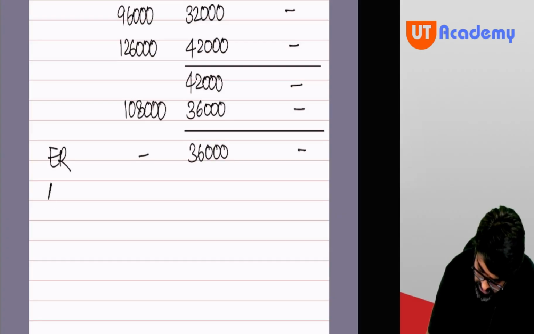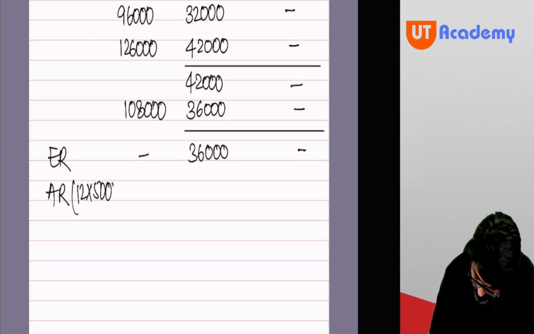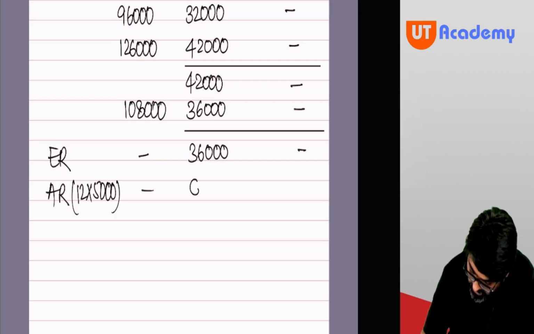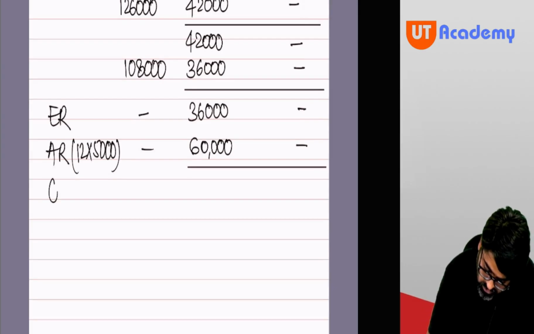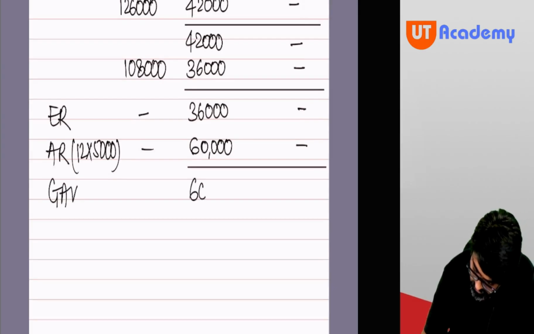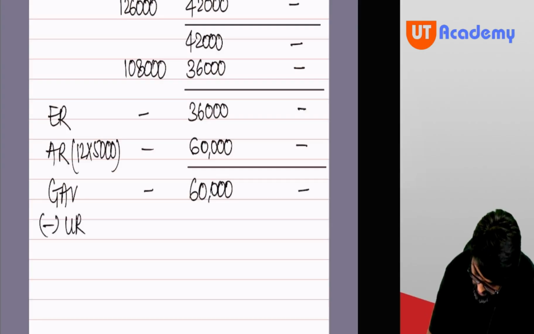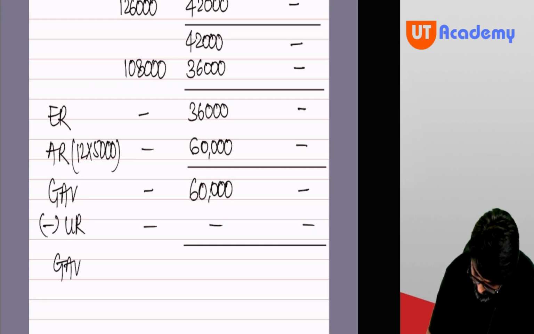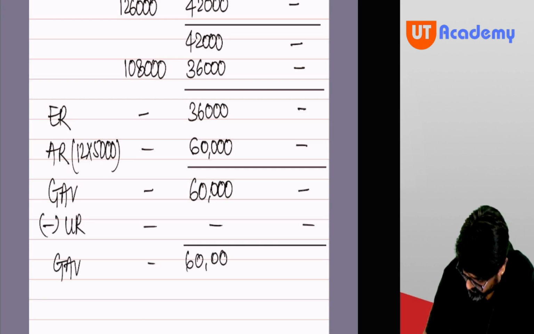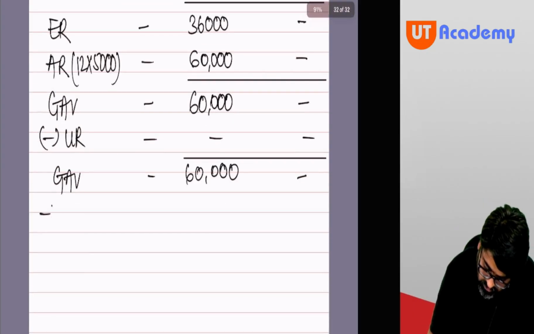What is the actual rent? 12 into 5,000. Yes or no? It will be 60,000 in the LOP portion, full amount. Was there any vacancy? No vacancy. So GAV will be 60,000. Any unrealized rent? No unrealized rent. So the final GAV will be 60,000. Yes or no, sir? Minus municipal tax.